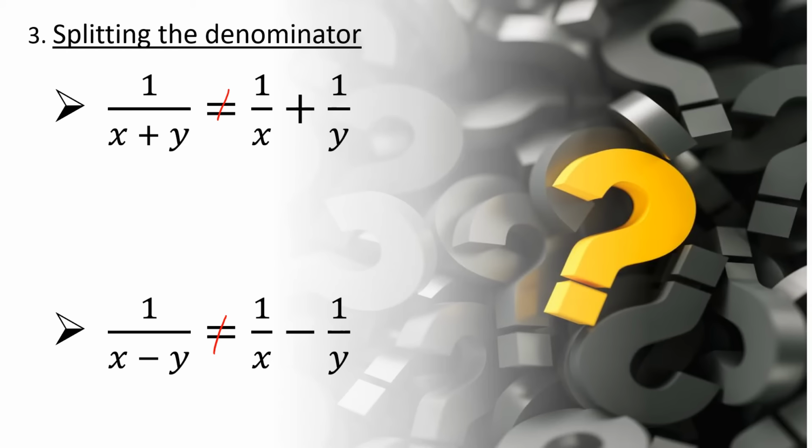So let's look at what is allowed. For example, when you have an expression like x plus y divided by z, you can split it as x over z plus y over z. So this is allowed, and sometimes this is really helpful in certain problems.